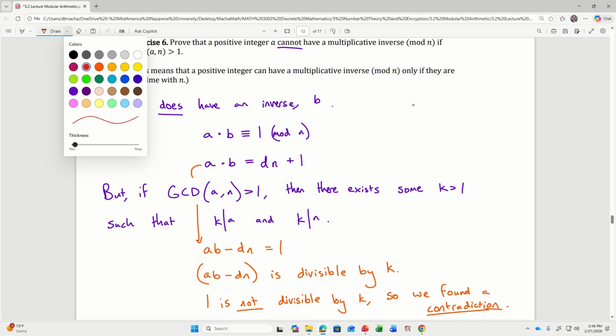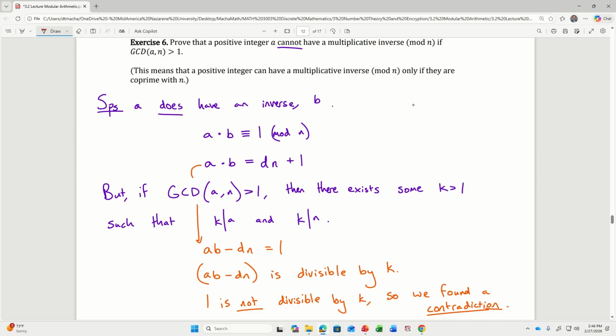So what we did is we said, let's start by supposing the opposite. Suppose a does have a multiplicative inverse mod n. If I start by supposing the opposite, that means we're going for a proof by contradiction. Suppose the opposite and then show that it has to be logically false.